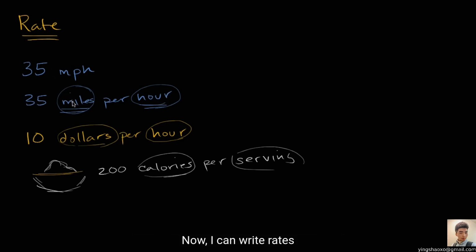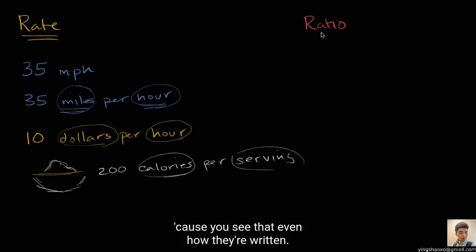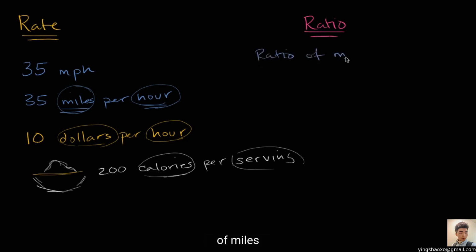Now I can write rates so they look an awful lot like a ratio. And these words are actually very related, because you see that even in how they're written. RAT. Their roots are coming from the exact same idea. In fact, this rate over here, 35 miles per hour, it could come from, hey, I just went 35 miles in 1 hour. What's the ratio? So the ratio of miles to hours.